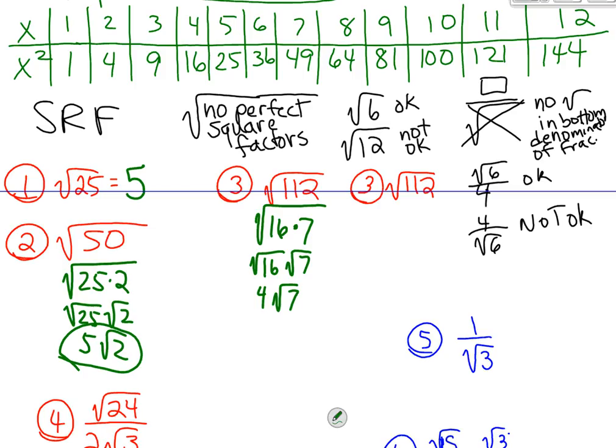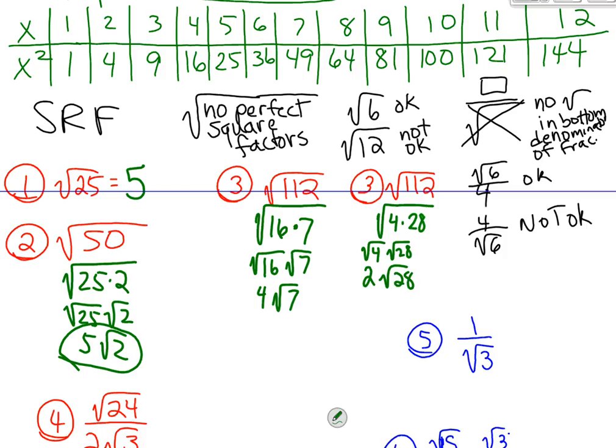If I did use the 4, I would have gotten the square root of 4 times 28. And so then that is the square root of 4 times the square root of 28. And the square root of 4 is 2. That's a perfect square factor. So then I can make that into 2 the square root of 28.